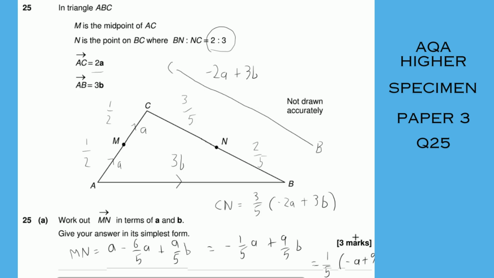Now I won't scroll down to part B, but part B is a 1 marker just asking you to state why MN and AB are not parallel.